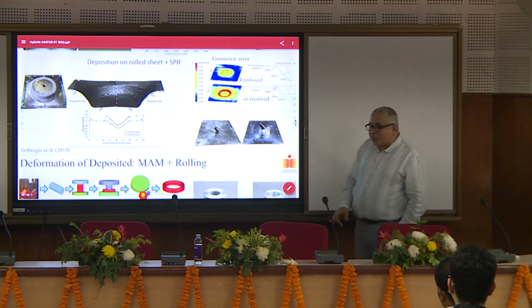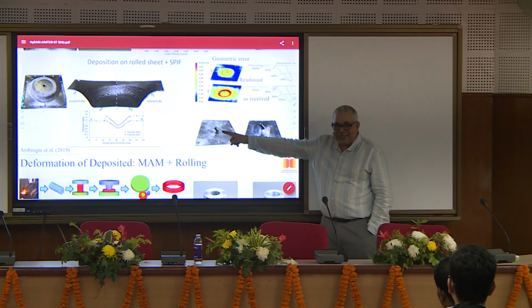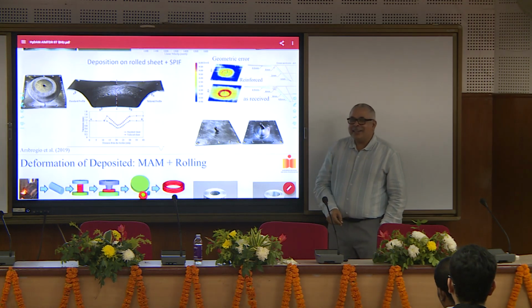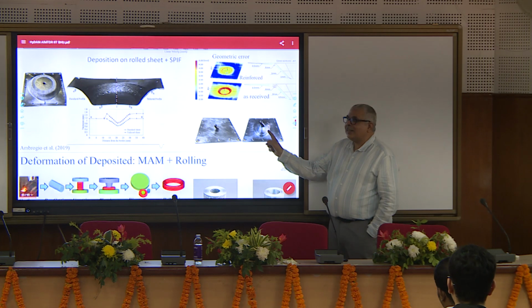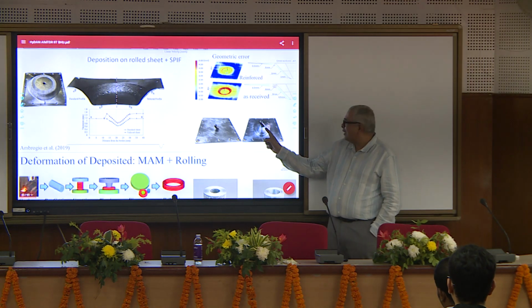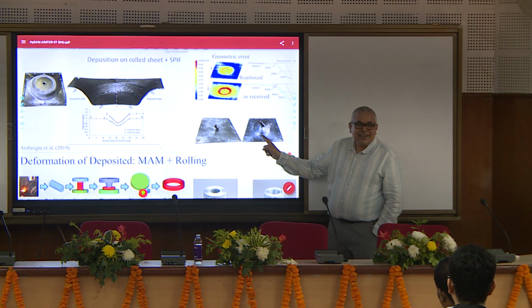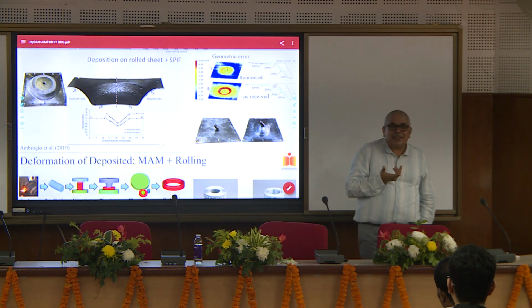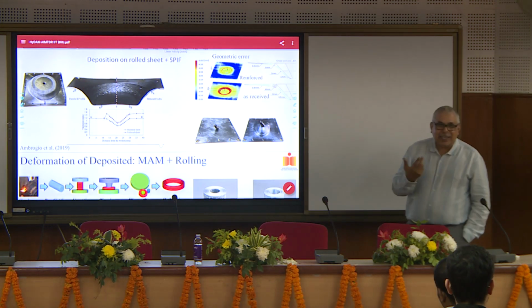Now you can clearly see there is a problem here. He deposited, then deformed. But he didn't bother that when you are deforming, there is a variation of stresses, cyclic loading, and all that happens here. There might be not a proper bond between the deposited material and the original material. At what stage that should be done is also a very, very important aspect.